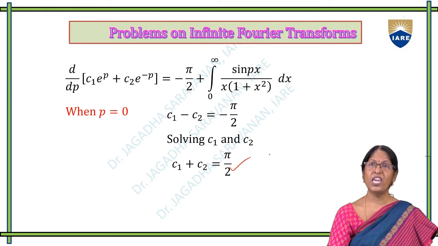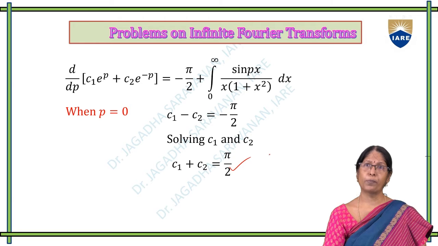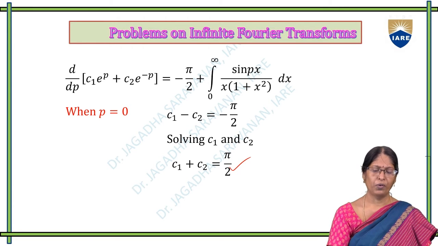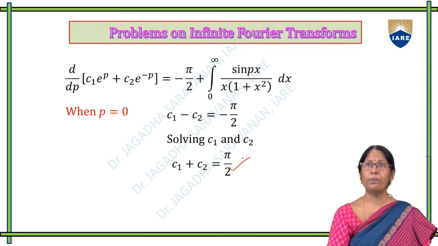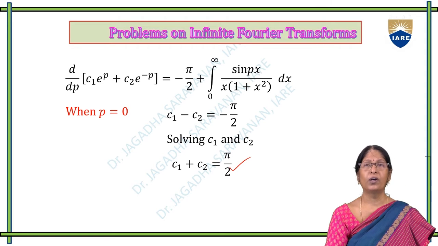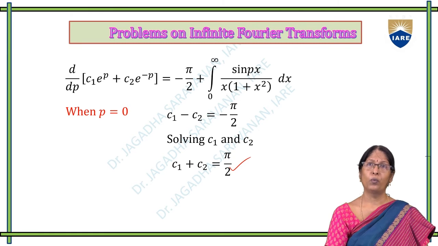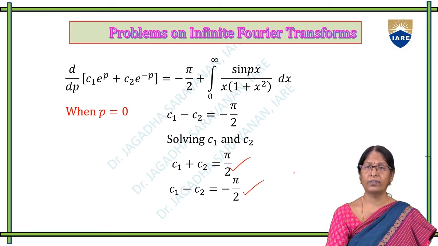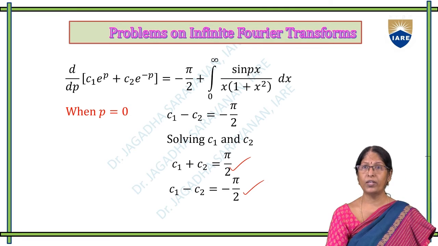First, in equation 1, we substituted p equal to 0 and obtained c1 plus c2 equal to pi by 2. And in equation 2, with the help of equation 3, we substituted p equal to 0 and obtained c1 minus c2 equal to minus pi by 2.